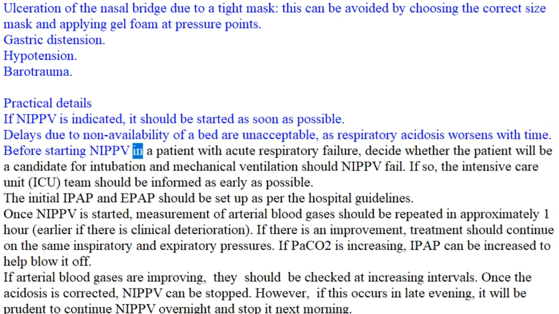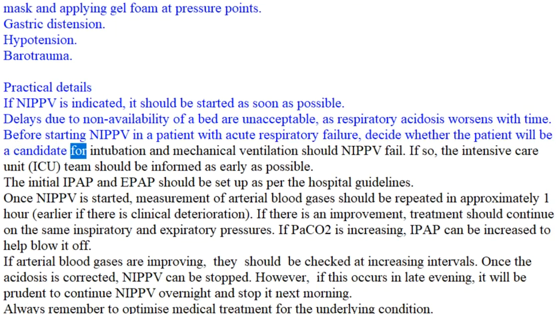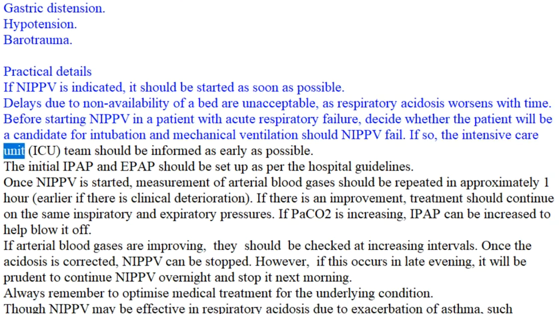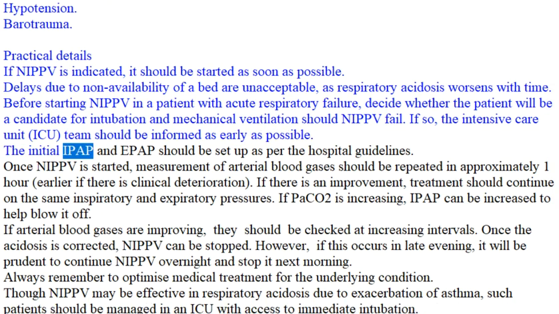Before starting NAP in a patient with acute respiratory failure, decide whether the patient will be a candidate for intubation and mechanical ventilation should NAP fail. If so, the intensive care unit, ICU, team should be informed as early as possible. The initial IPAP and EPAP should be set up as per the hospital guidelines.